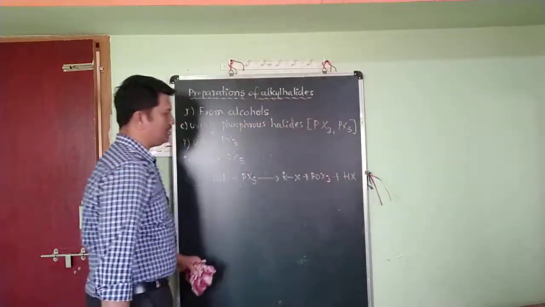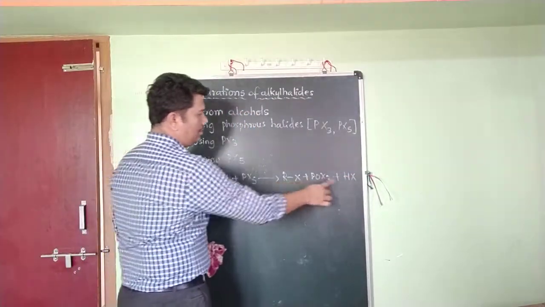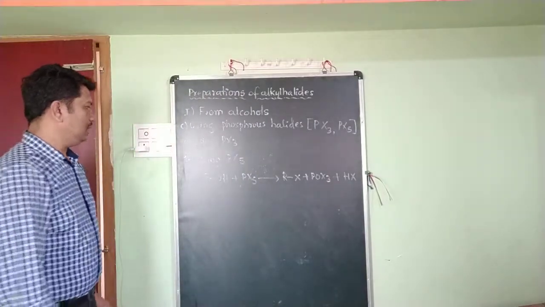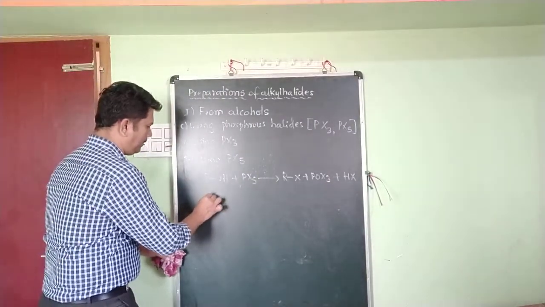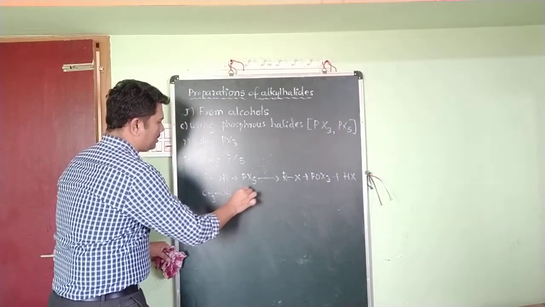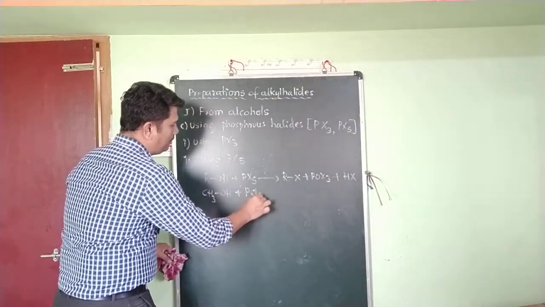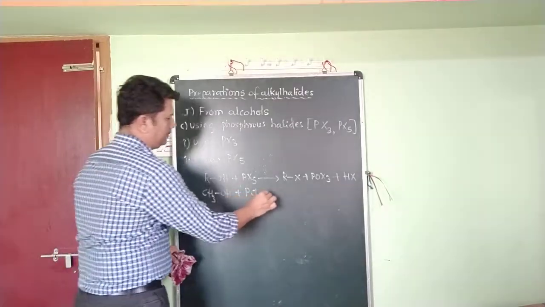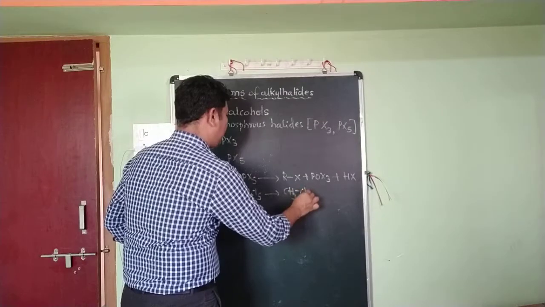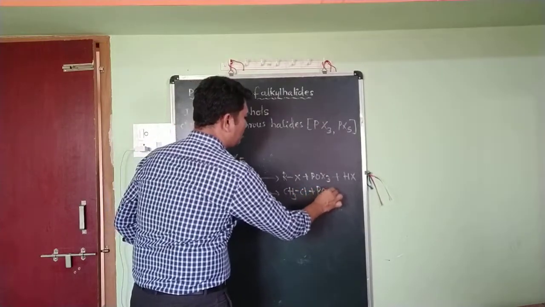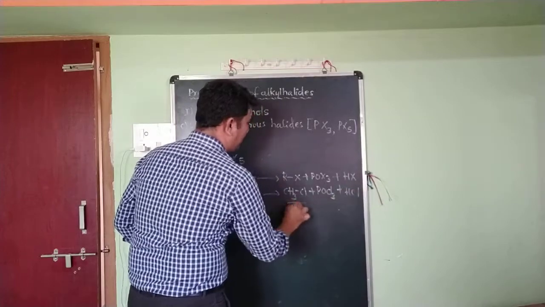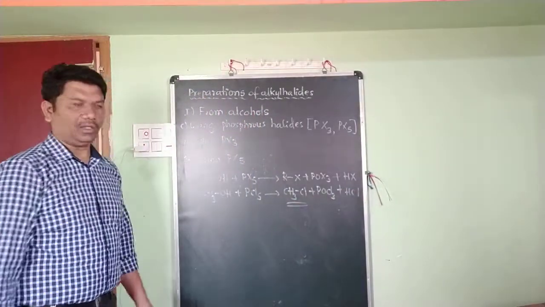So total 5 halogen atoms are there. Let me write one example. Take the same alcohol CH3OH plus PCl5, phosphorus pentachloride, and there is formation of CH3Cl plus POCl3 plus HCl, and this is your alkyl halide, methyl chloride.